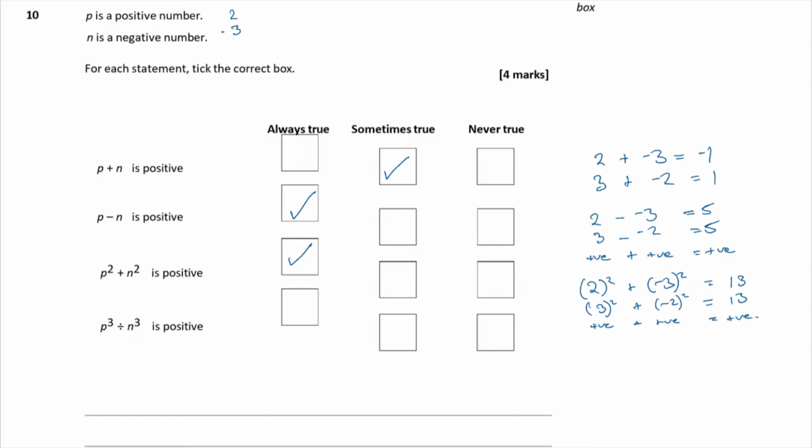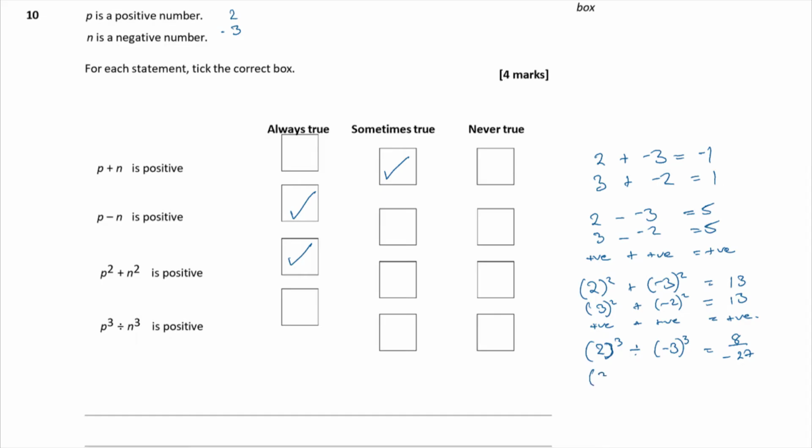So again, with our test values, if I had 2 cubed and then I divided it by negative 3 cubed, that would give me 8 over negative 27, which would be a negative number.